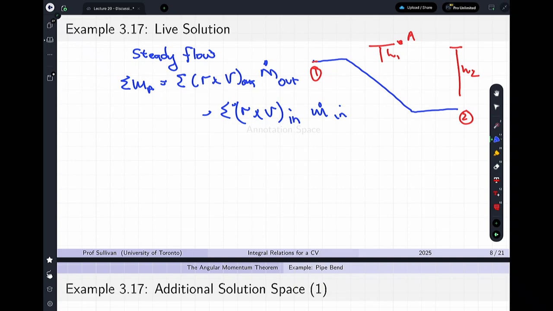I have R cross V, and those are, of course, vectors. So I have vector terms. I also know that direction is going to be very important in this, and as I go through this, I have to worry about direction.